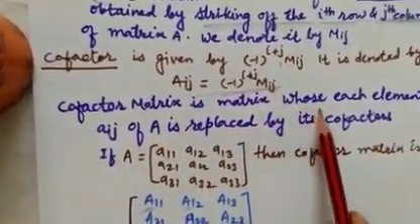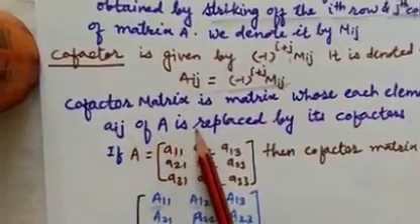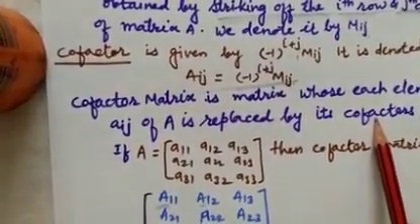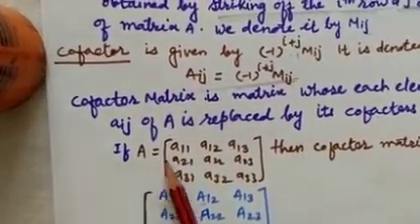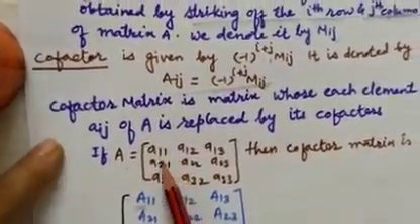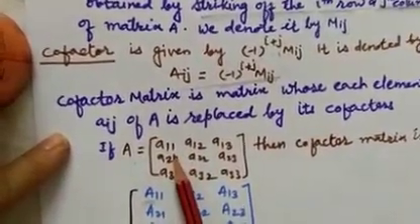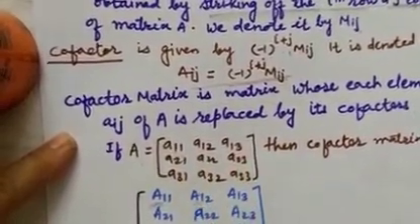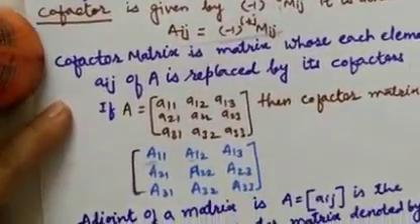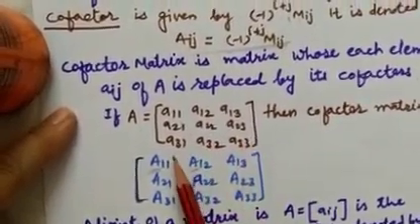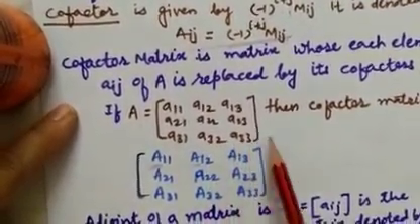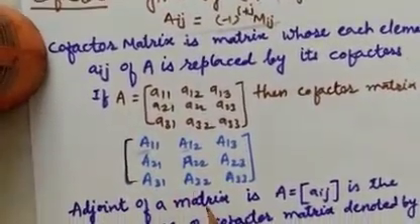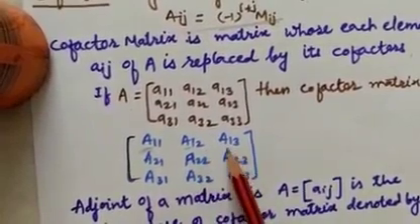It is a matrix whose each element Aij of A is replaced by its cofactors. If A is equal to the matrix having the numbers a11, a12, a13, a21, a22, a23, a31, a32, a33, see the position also, then the cofactors of this matrix are denoted by always capital letter A11, A12, A13.